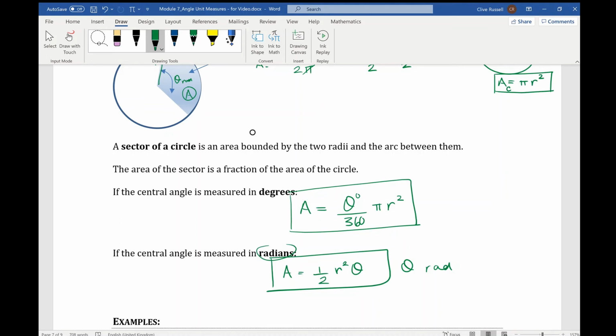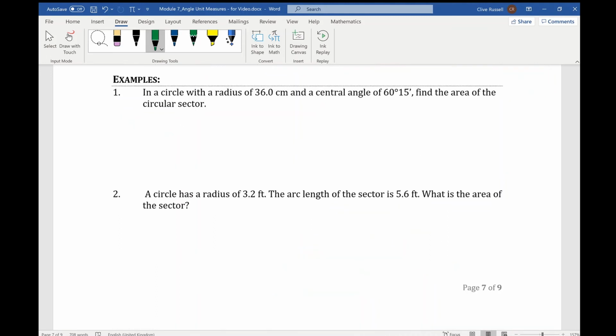So now we're going to be looking at an example. Alright, so here are 2 examples. The first one says, in a circle with radius 36.0 centimeters and central angle 60 degrees 15 minutes, find the area.